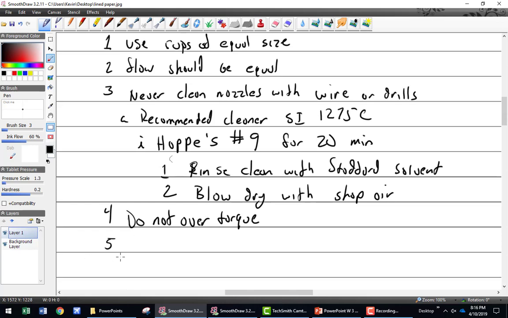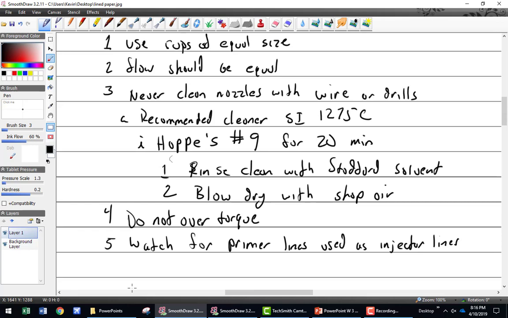But hey, here's the good news. All right, so watch for primer lines used as injector lines. They look very similar, but they're different sizes.